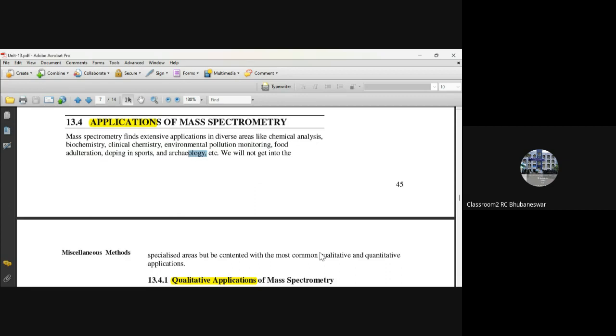Yesterday we discussed, wherever you are dealing with some elements, that is in soil, in water, everywhere you can use atomic spectroscopies. But it doesn't mean that all the atomic spectroscopies can give you elemental analysis of every element.